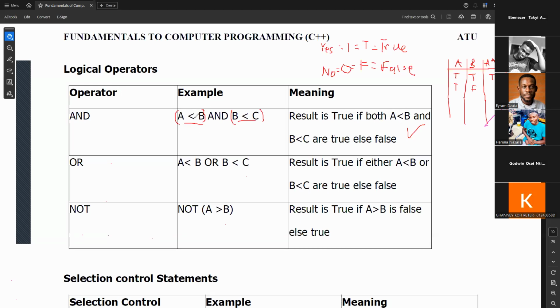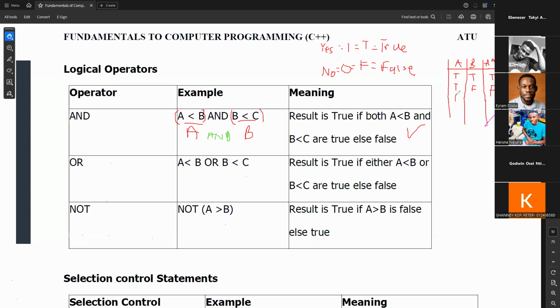So let's assume this whole statement here is A, and this whole statement here is B. So A and B. It's saying here that if A is true and B is false, then according to this, which is saying both of them must be true, it makes this false.